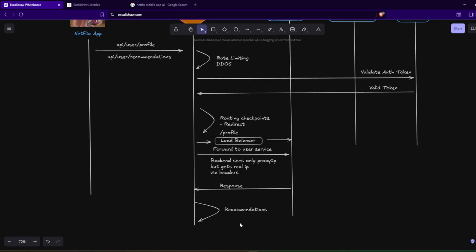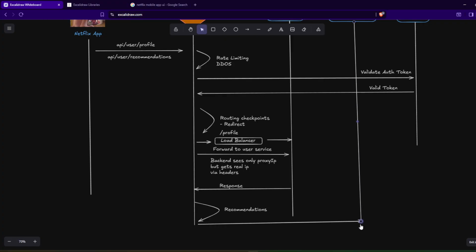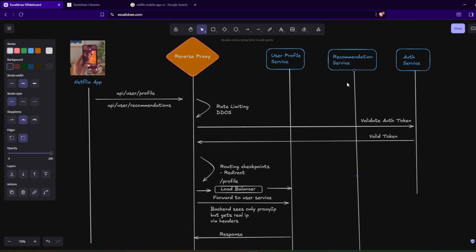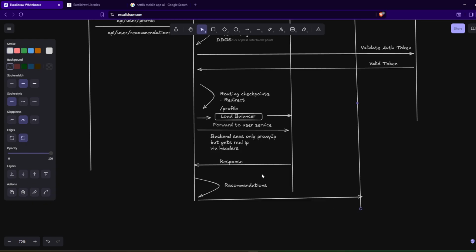So we have this recommendation, then a GET call to this recommendation service. Yeah, this is lost in the diagram. So this is the recommendation service, and at the end here a very interesting thing happens.